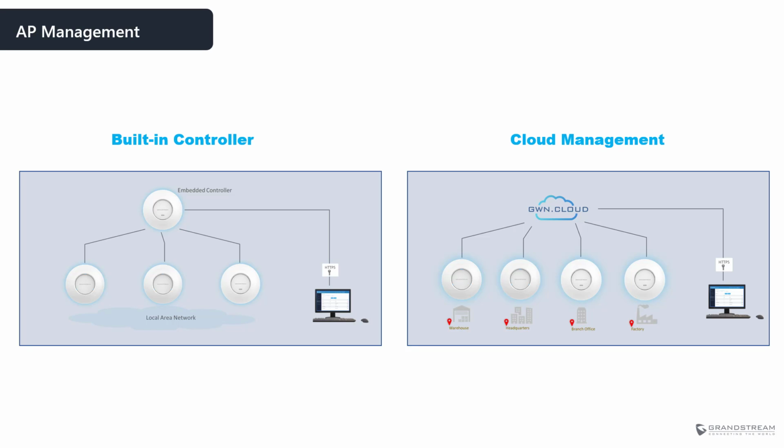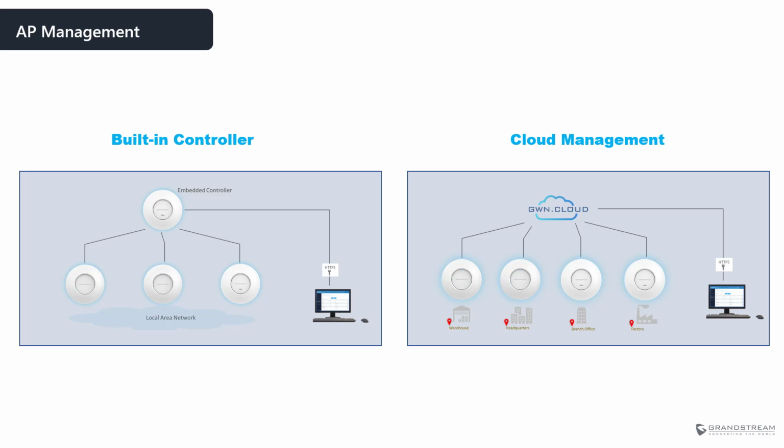That's going to become the master or the controller. And from the web interface of the controller, you can discover and pair other access points and add them to the web interface of the controller so you can manage all of them from one single interface. So again, the built-in controller works only with access points in the same local area network.